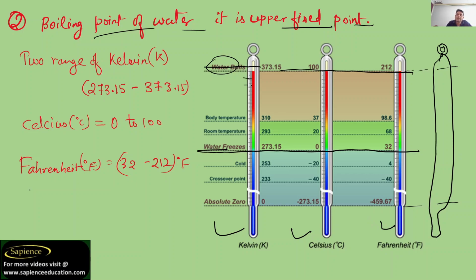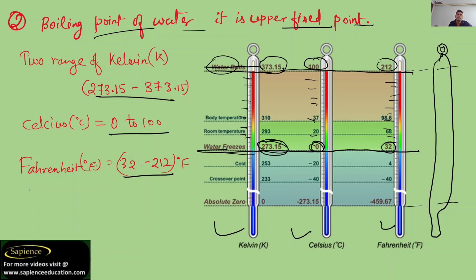All three scales have been subdivided into different parts, as different scientists made different assumptions. But all three thermometers have the same boiling point and the same freezing point, though the values differ. The freezing point is 0 for Celsius, 273.15 for Kelvin, and 32 for Fahrenheit. The boiling point of water is 373.15 for Kelvin, 100 for Celsius, and 212 for Fahrenheit. So the range is 273.15 to 373.15 for Kelvin, 0 to 100 for Celsius, and 32 to 212 for Fahrenheit.